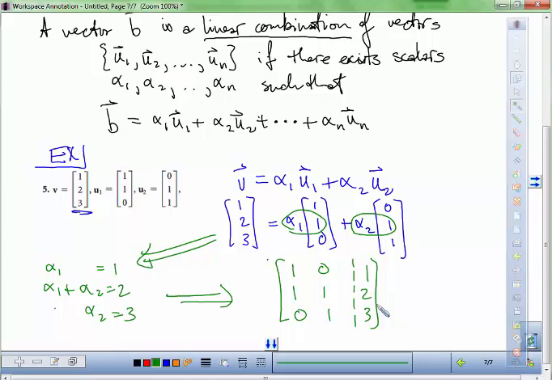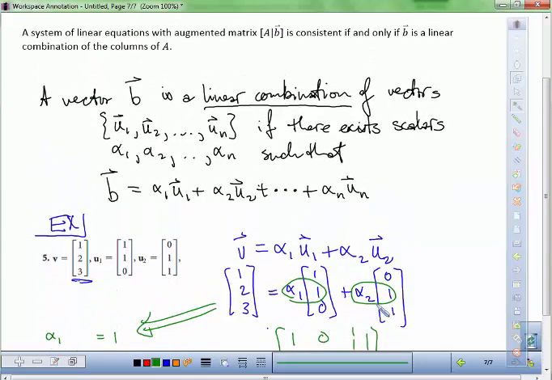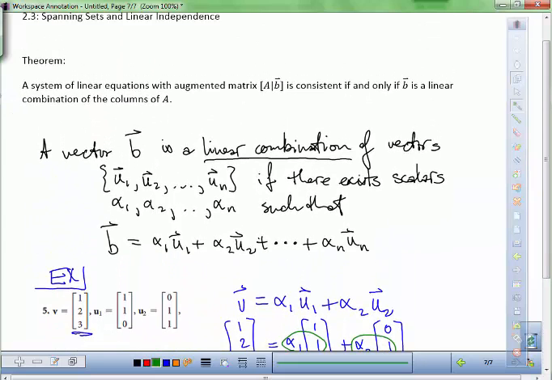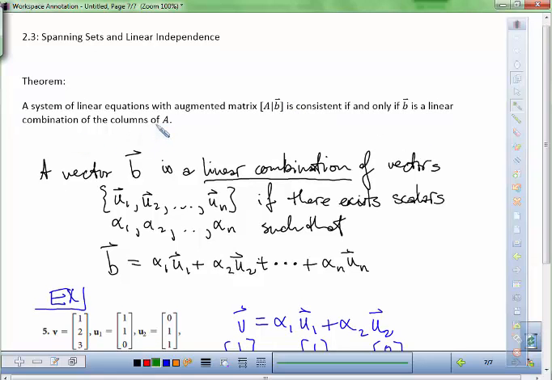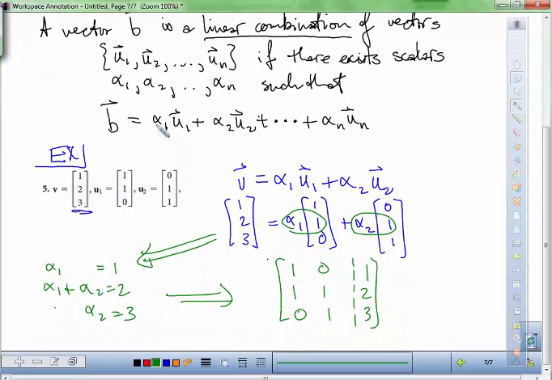Maybe we should have done this before explaining the theorem, but the theorem says a system of linear equations with augmented matrix A with the B attached to it is consistent if and only if B is a linear combination of the columns of A. So B, 1, 2, 3, is a linear combination of the columns of A. That's exactly the same thing, right?